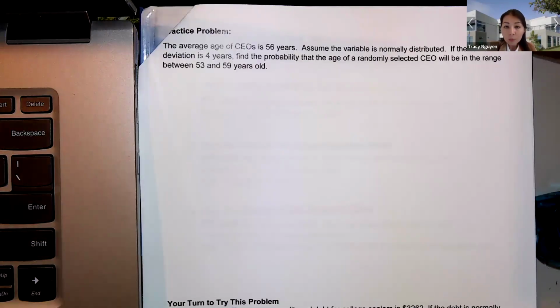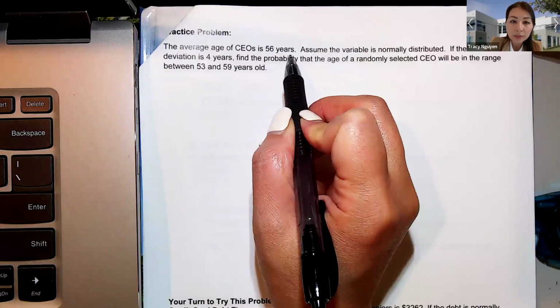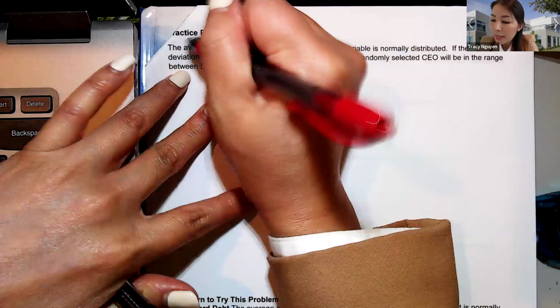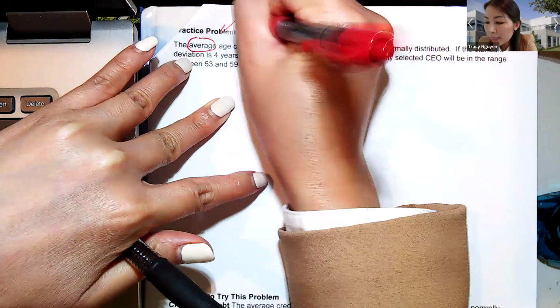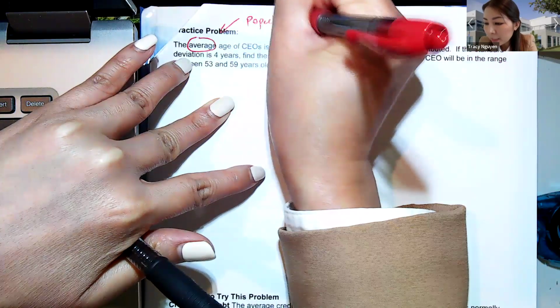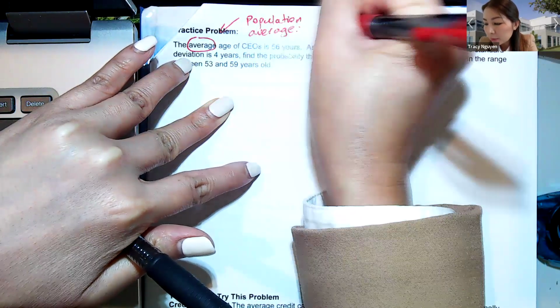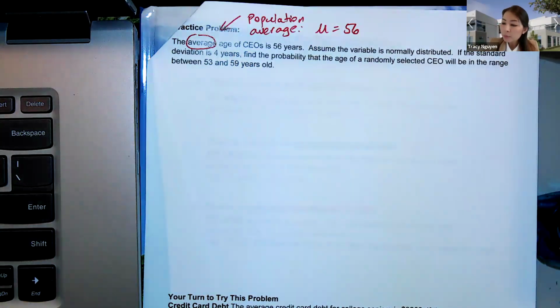Let's take a look at what we have in the first sentence. The average age of CEO is 56 years. So from reading this problem, the first sentence, we have the keyword average. This tells us we have the population average, which is mu. So mu equals 56. Assume the variable is normally distributed.